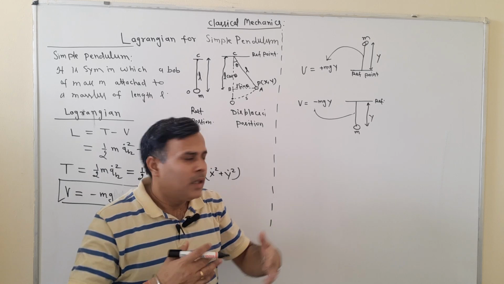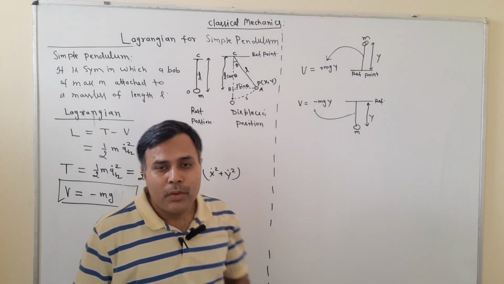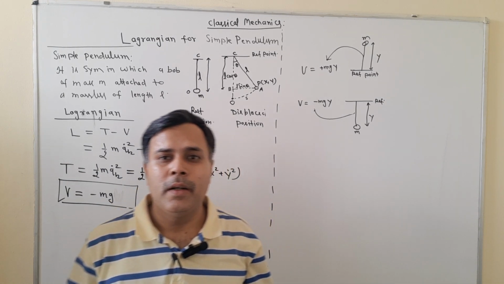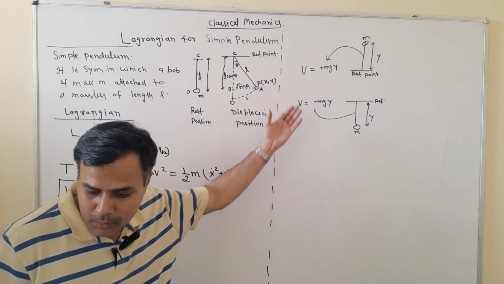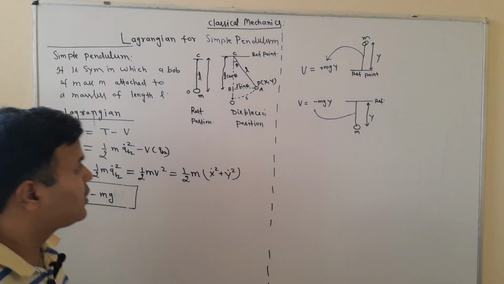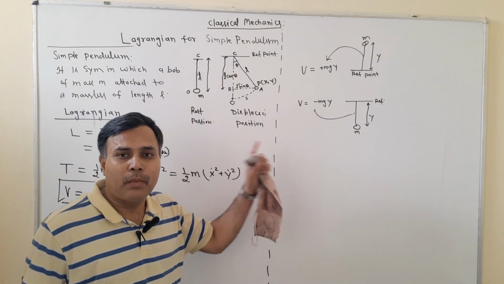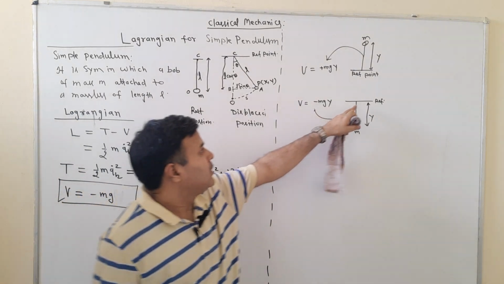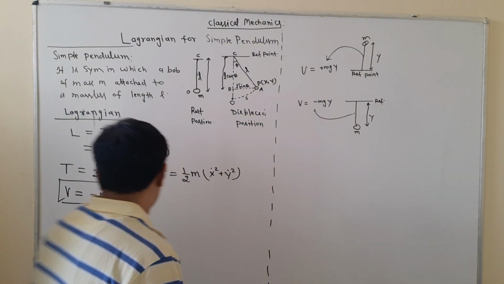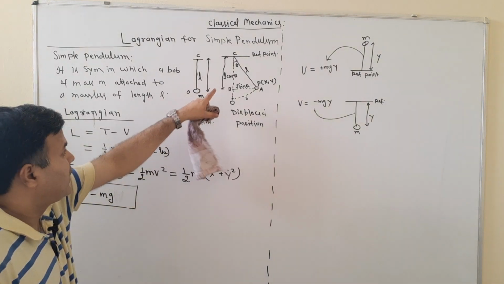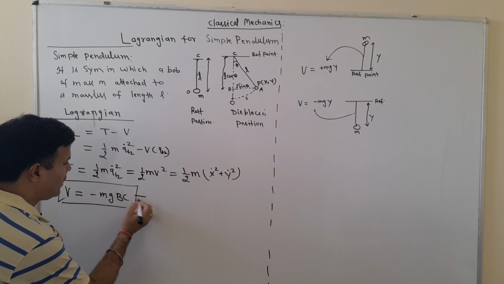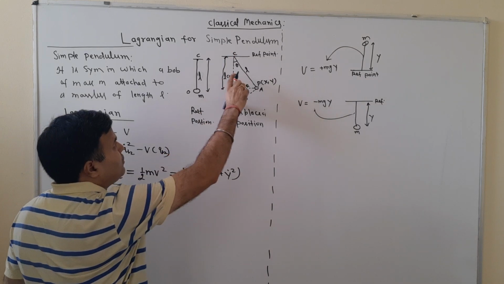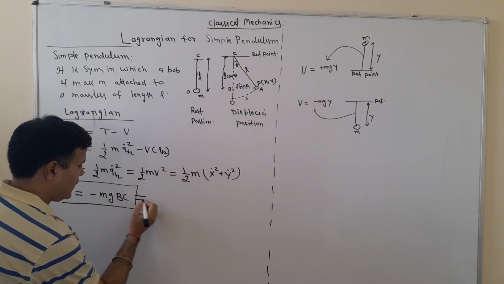So this is simply the way to recognize whether it is plus mgy or minus mgy. It is all about the identification of the potential, whether it is a plus sign or a minus sign. It depends upon this reference point. Now the potential in this case is simply mg BC, and BC is simply OC minus OB.